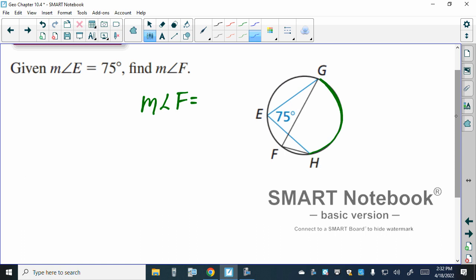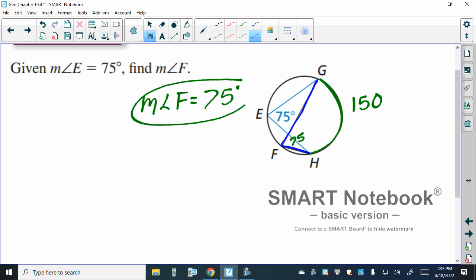Since angle E is 75, the measure of arc GH is 150. GFH is an inscribed angle for that arc, so it's half the measure, which means the measure of angle F is 75 degrees. Questions on this here?